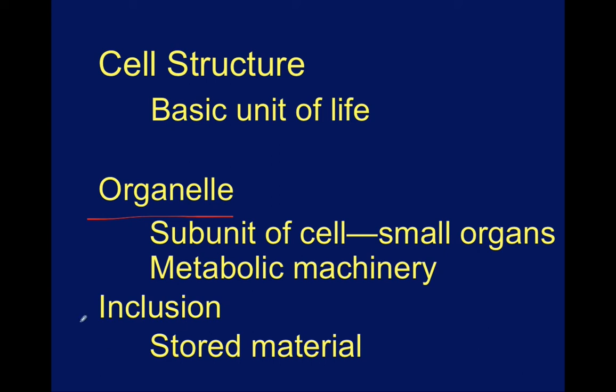We will also find another substance known as inclusion that can be found in many different types of cells. Inclusions are any substances that are stored inside of the cell membrane. These inclusions are non-living substances such as granules, stored substances such as glycogen, and pigments.